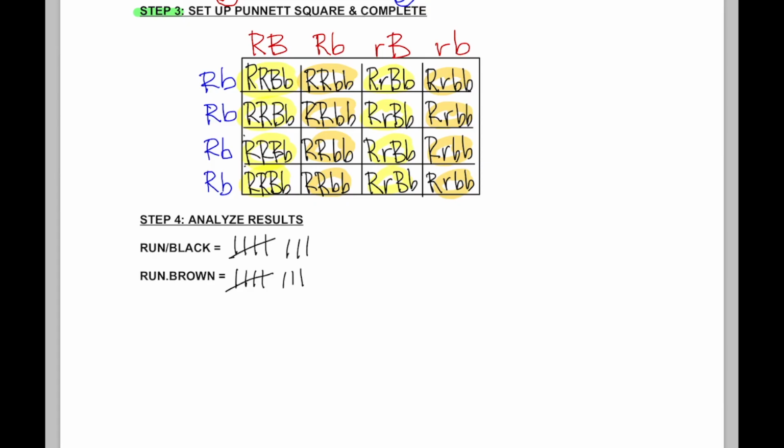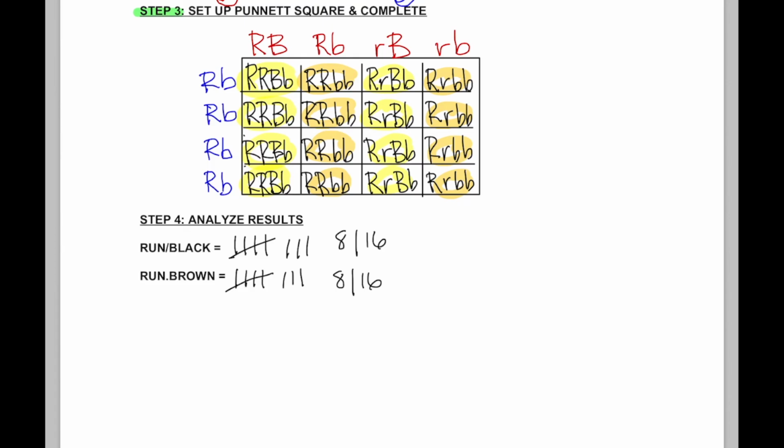So, if you add up all of the tally marks, you will get 8 out of 16 for the ratio for normal running mice with black fur, and you will also get 8 out of 16 for the next phenotype combination, normal running mice with brown fur. And 8 plus 8 totals 16, so you know that you did it for every single box. You have 16 total boxes.